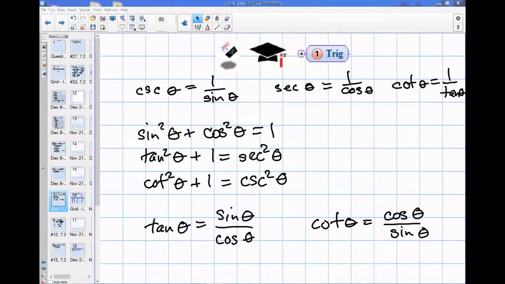So these are the 8 identities that we have already been discussing. Identities, once again, are equations that are true no matter what the variable theta is. Except, for example, if the sine of theta is 0. Where does that happen?